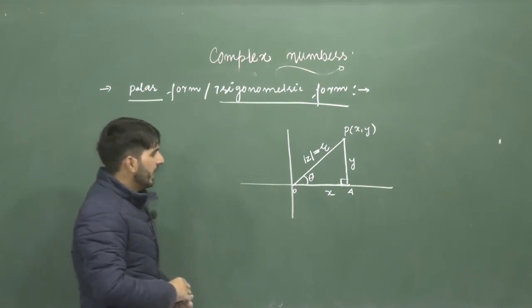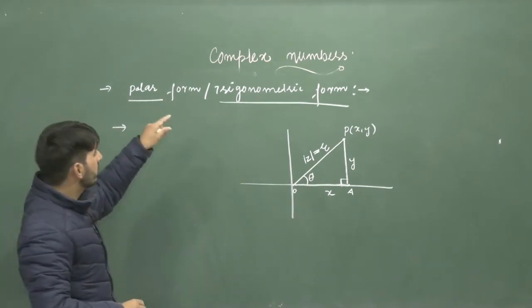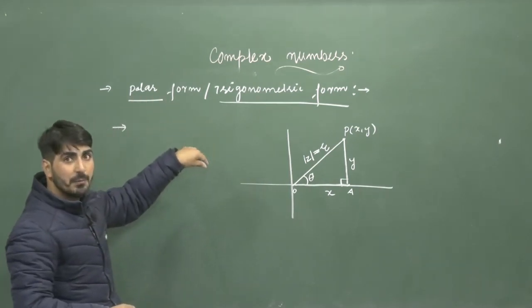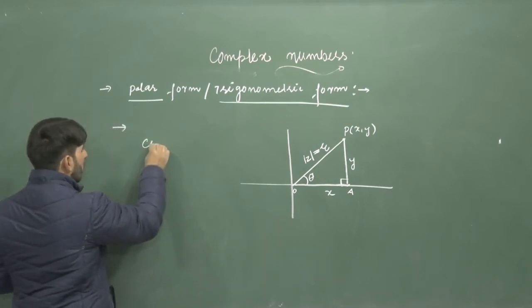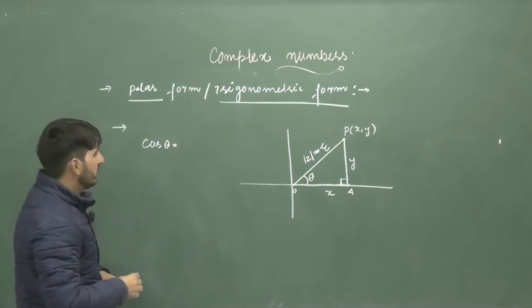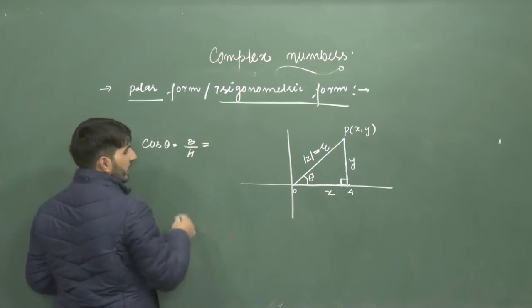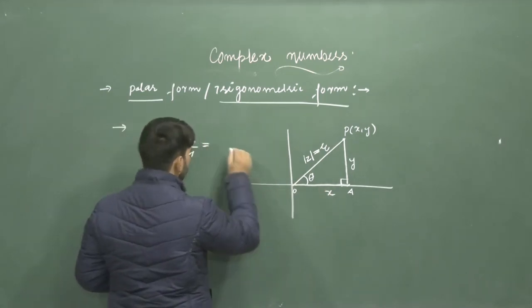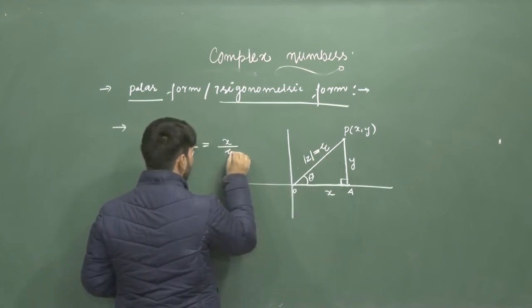So, in this right angled triangle, polar form or trigonometric form means we have to write the complex number in terms of sine and cos. So, cos theta, as we know from earlier classes, is base upon hypotenuse. What is base? Base is x. And what is the hypotenuse? That is the modulus of z, that is equal to r.